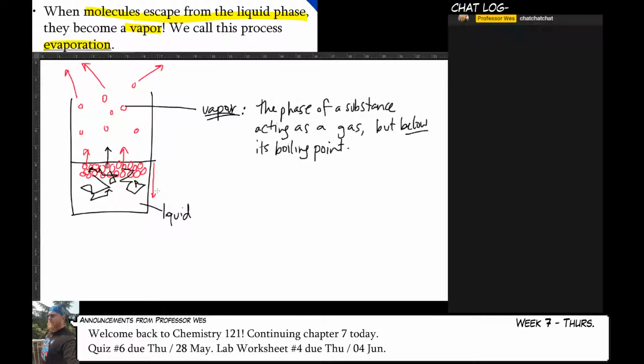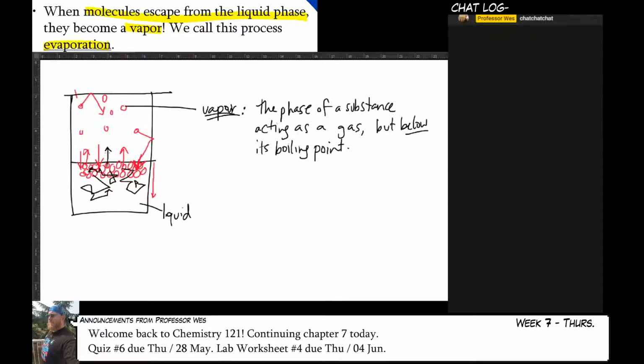Now, if I did something different to my container, such as putting a lid on it, then this escape action doesn't happen. And what ends up happening is that these molecules bounce around inside and eventually return to the liquid phase.